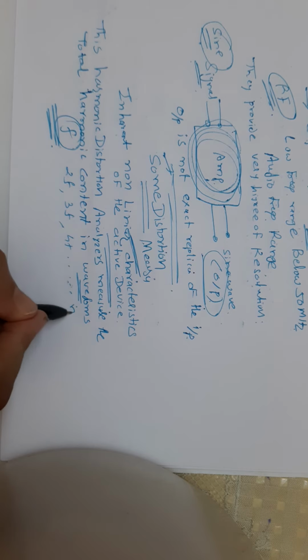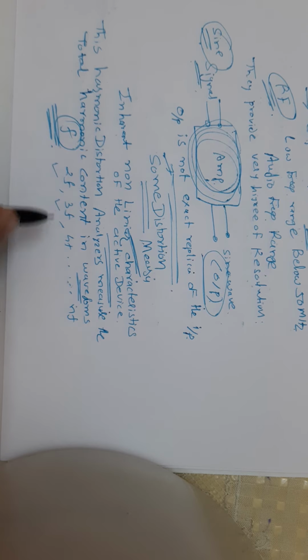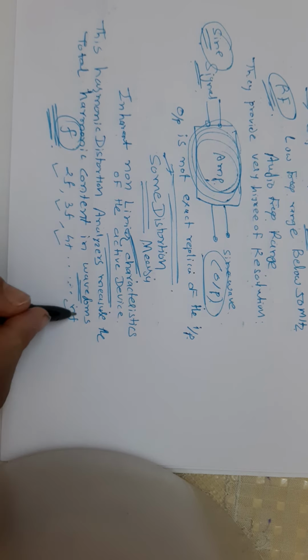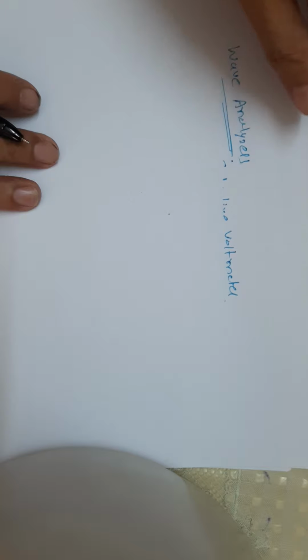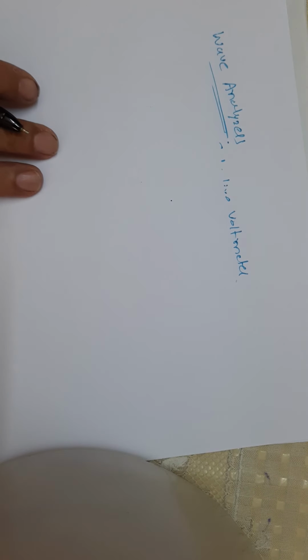This is your second frequency component, third frequency component, fourth frequency component, up to the nth frequency component. So harmonic distortion can be quantitatively measured very accurately with the harmonic distortion analyzer. Generally it is known as a distortion analyzer.